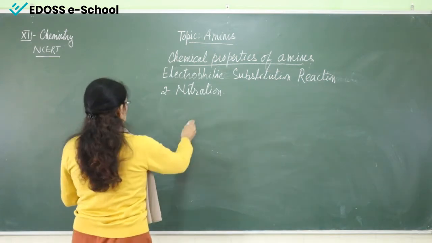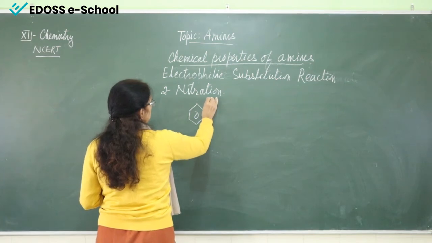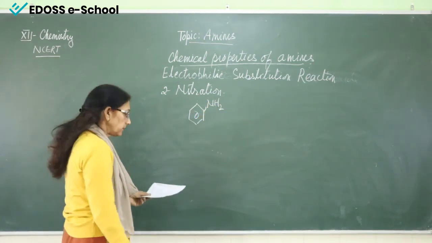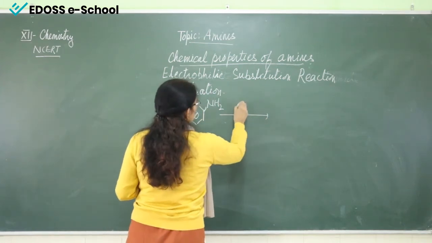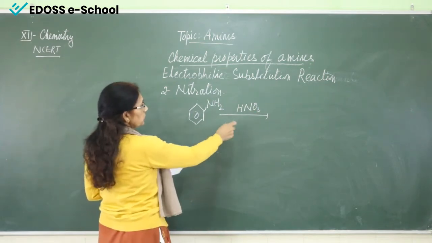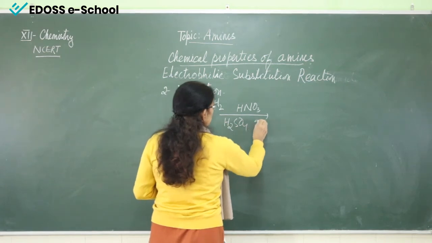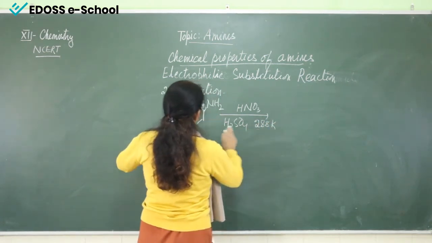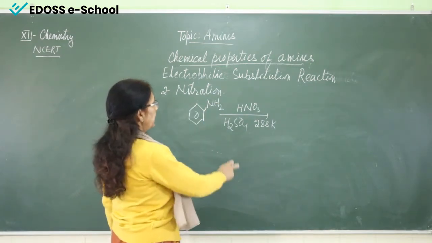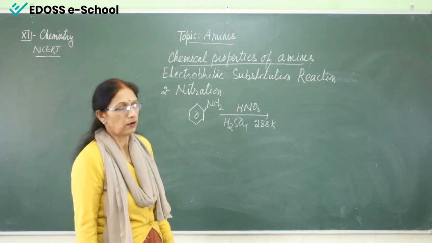So we react aniline with nitric acid. This reaction is always done in the presence of sulfuric acid at 288 Kelvin temperature. So this is the reaction. Aniline reacts with nitric acid, nitration going on in the presence of sulfuric acid, because this is an oxidizing reagent.